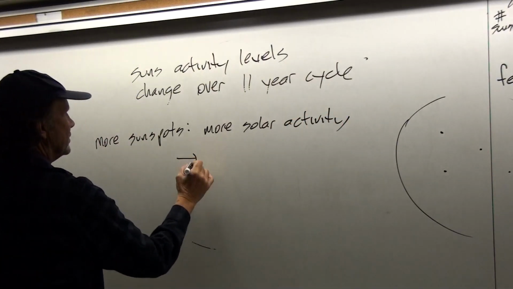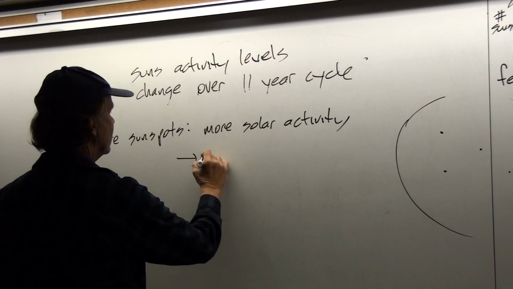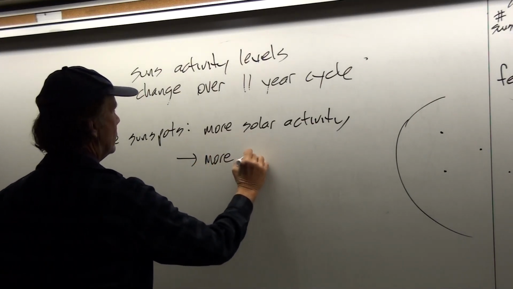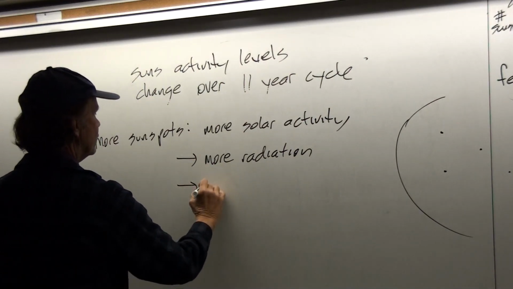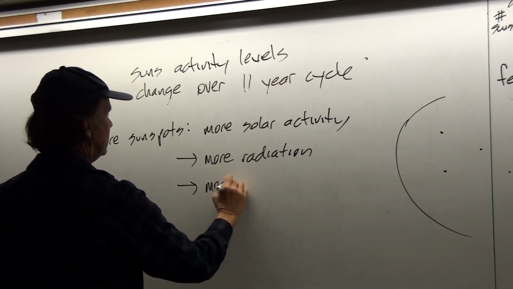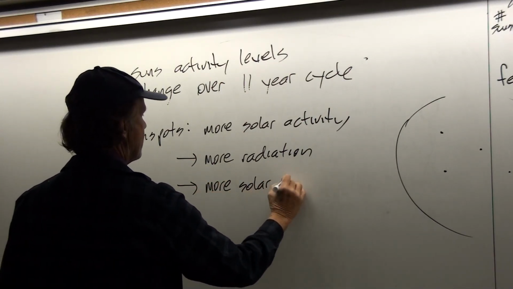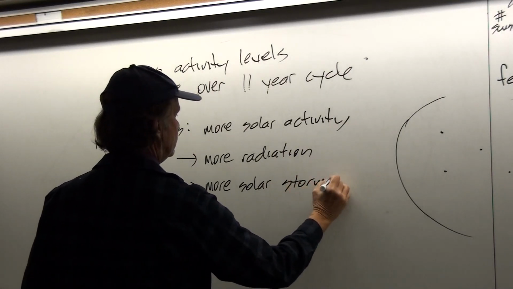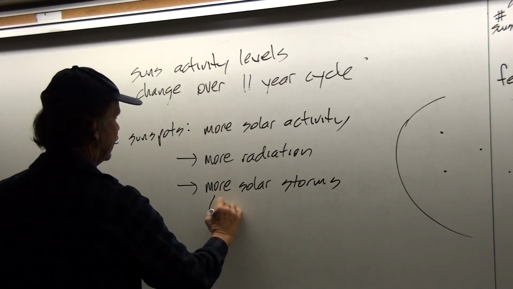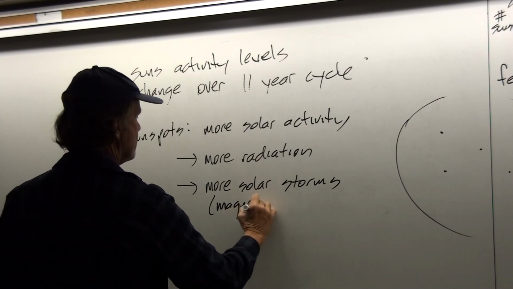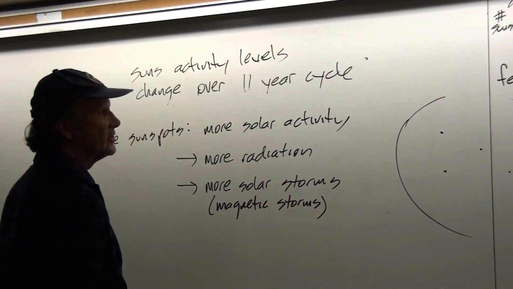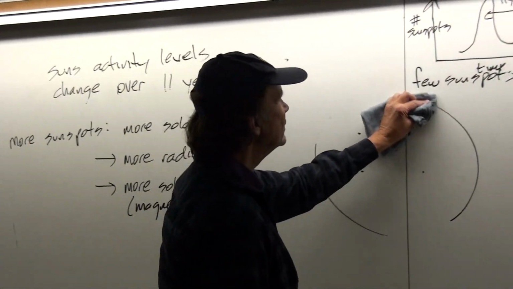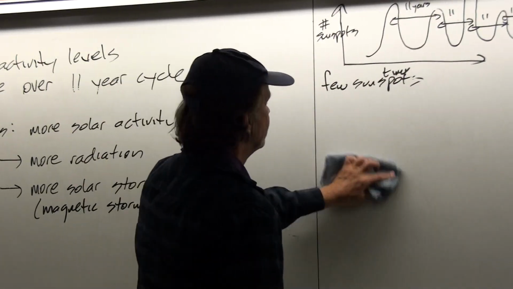Not only does the sun produce more radiation, but there are more solar storms, which could sometimes be called magnetic storms, because the source of the sunspots is actually magnetism.